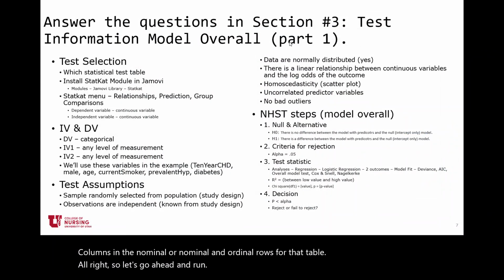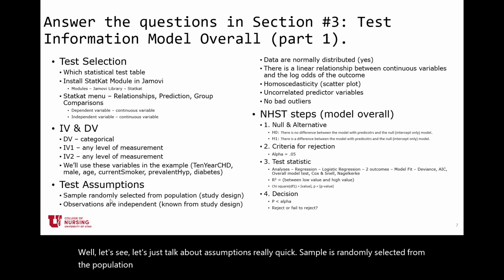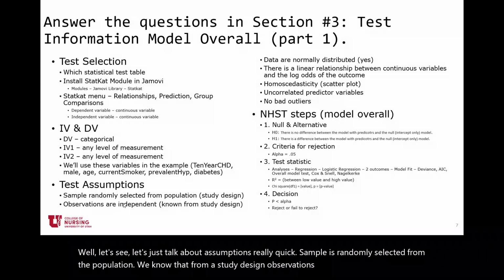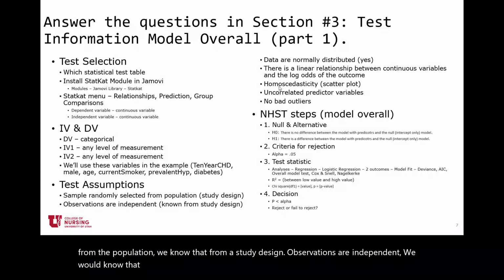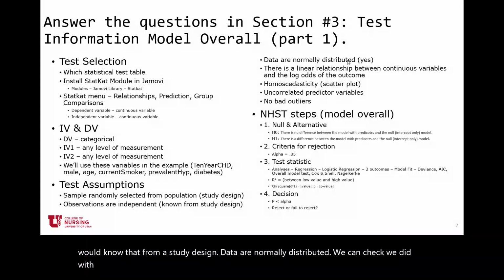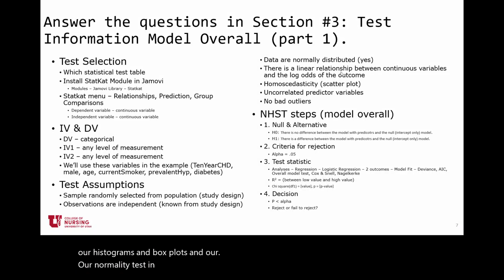Well, let's just talk about assumptions really quick. Sample is randomly selected from the population. We know that from the study design. Observations are independent. We would know that from the study design. Data are normally distributed. We can check like we did with our histograms and box plots and our normality test in the descriptives.